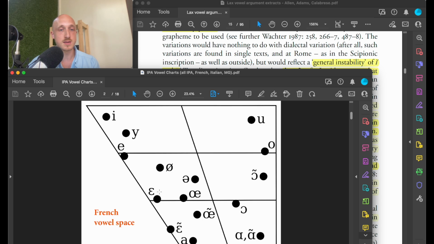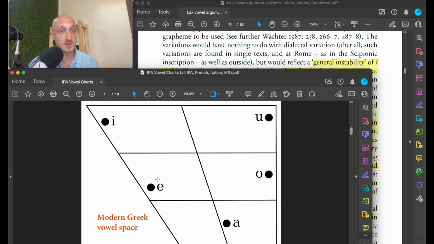While the Latin qualities, let's assume the long and shorts were essentially just E and E. And we'll just say true mid E, something like modern Greek today.